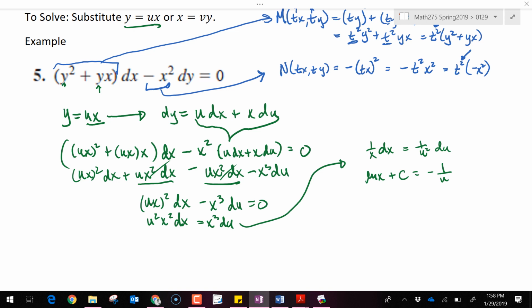Is this our answer? If we could try to make it explicit, what are we solving for? y? Oh, there's no y here. We have to put the y's back. What's y equal to? Or I guess I should say, what does u equal to? So y is equal to u times x, so u is equal to y over x.